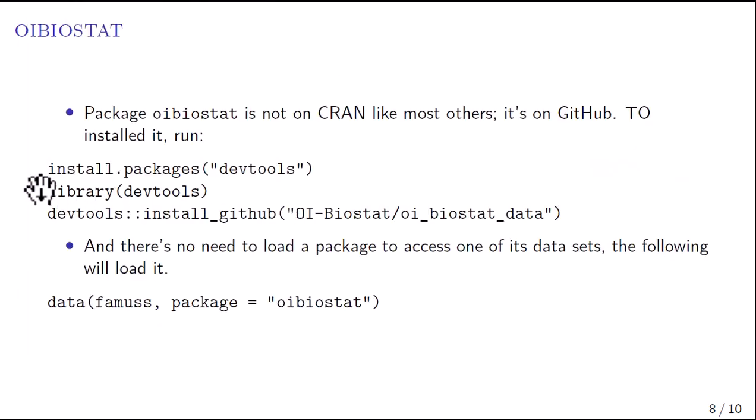And then second, you just copy and paste this library command and then run. And then the last is to copy this whole line into the console of RStudio and then hit run. After those three commands are run in RStudio, this package should be ready to use.